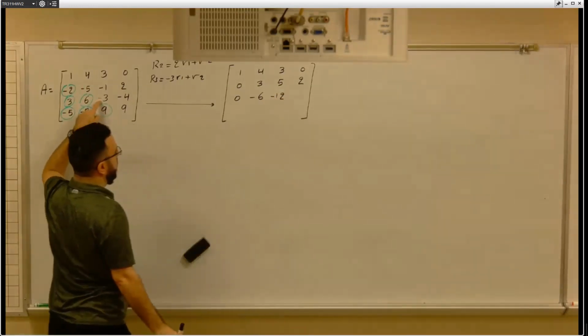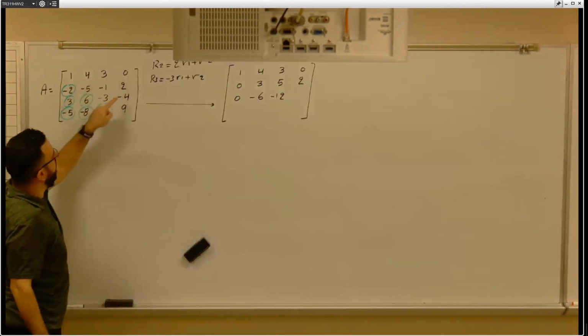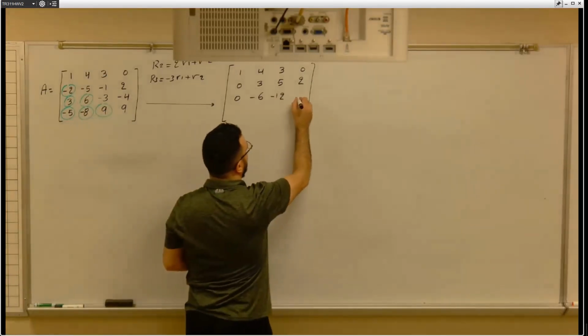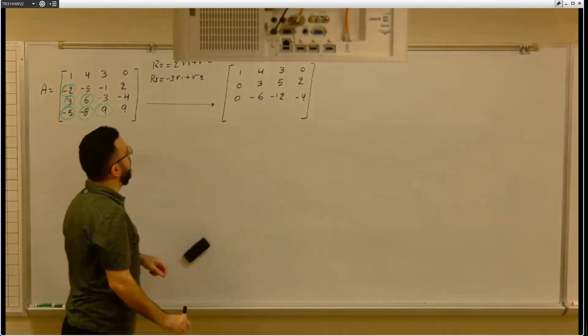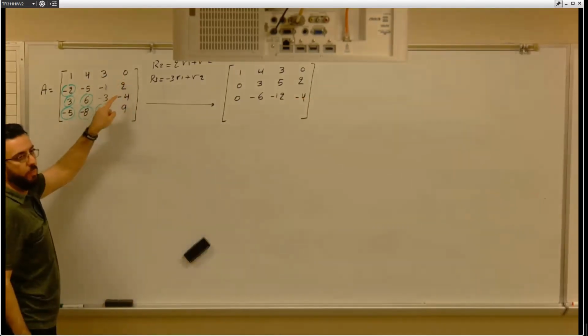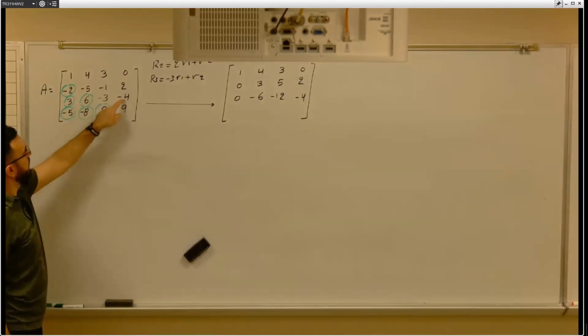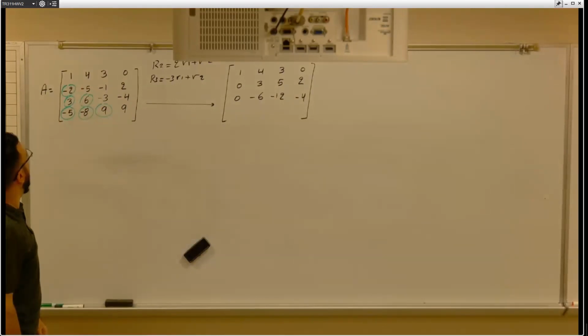Yes or no? 0 minus 4. -3 times 0 is 0, minus 4. It should have been -3 R1 plus R3. Yes.